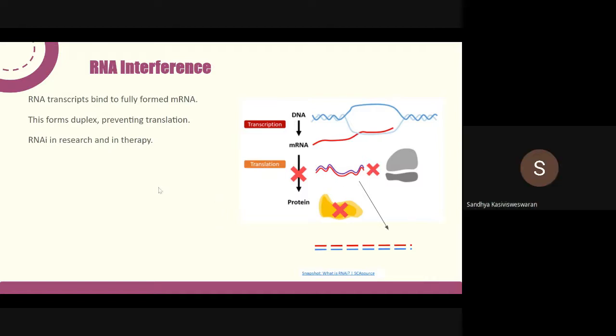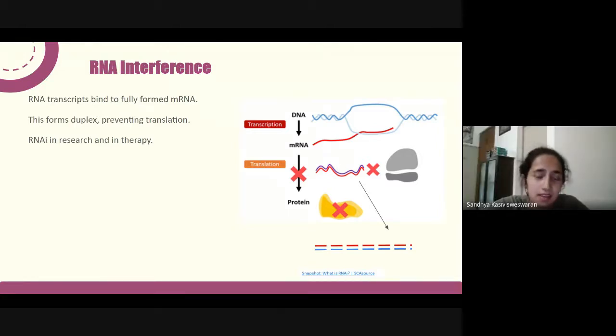That's what RNA interference is. You have an RNA molecule, your non-coding RNA, that interferes with the translation process by binding to mRNA. Make sense?